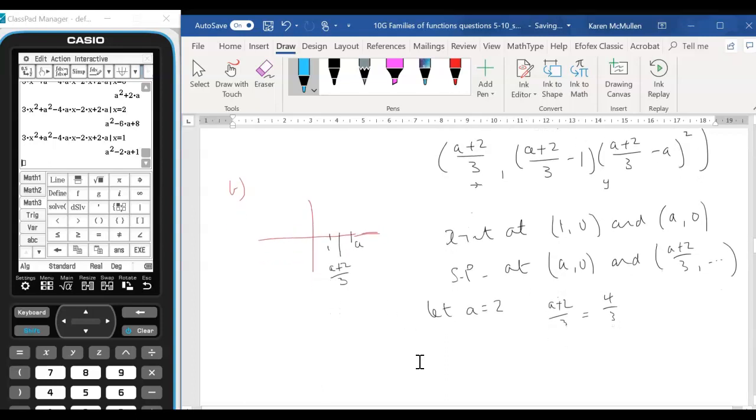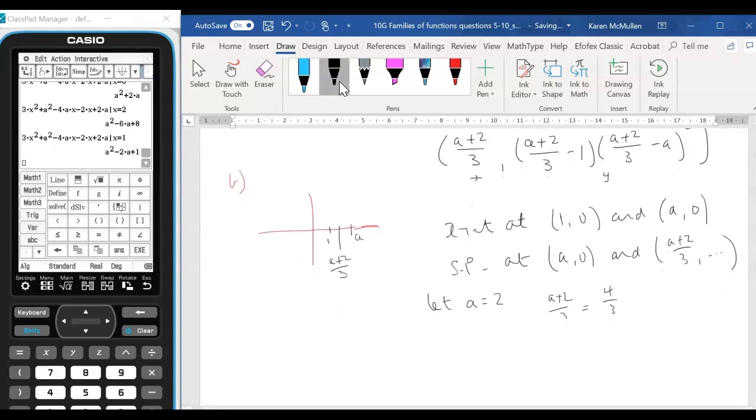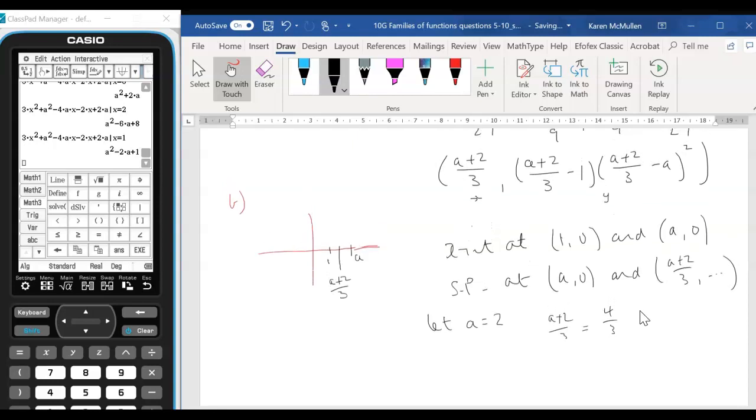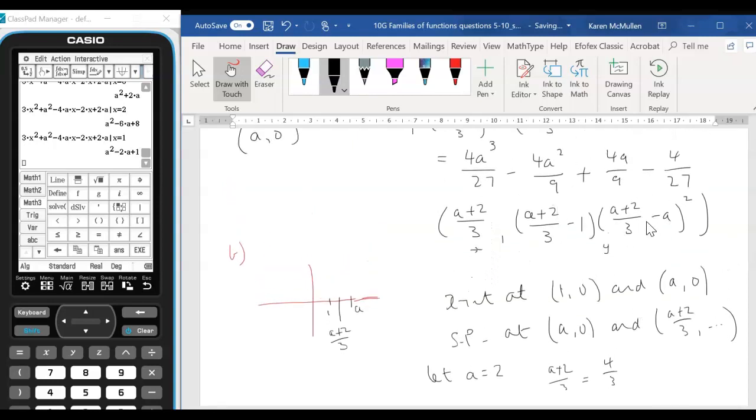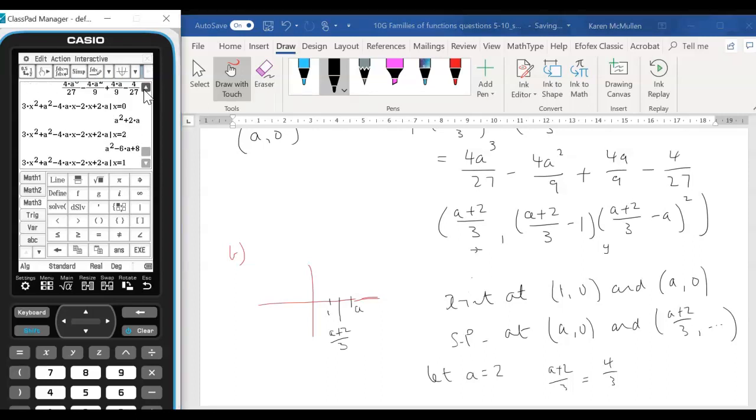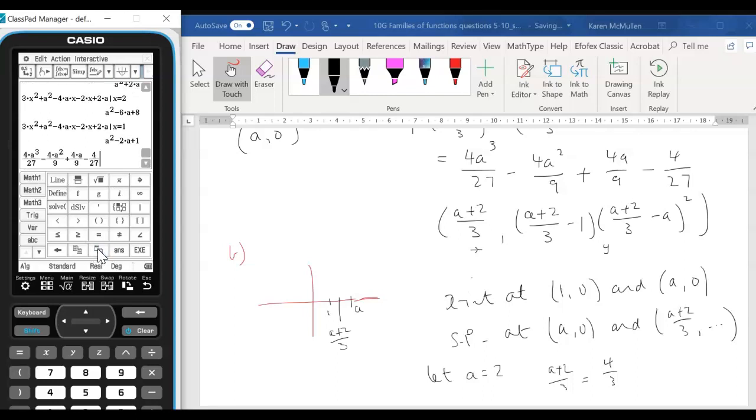Let's say if I've let a equal 2, that means my y coordinate is all this over here. Let's see, where do I put that? There it is. Okay, so there's my y coordinate, which we did earlier. I'm just going to paste that in, and let's let a equal 2.